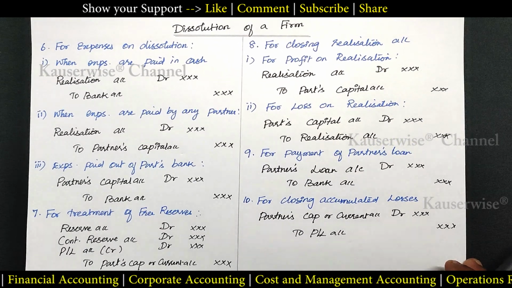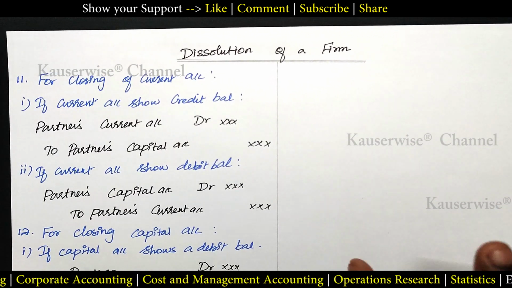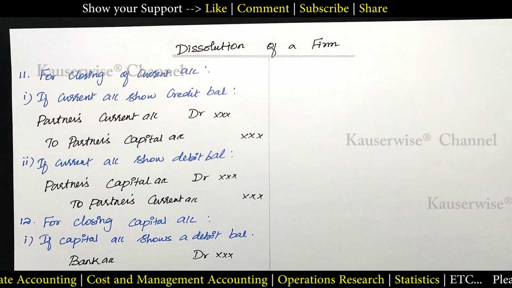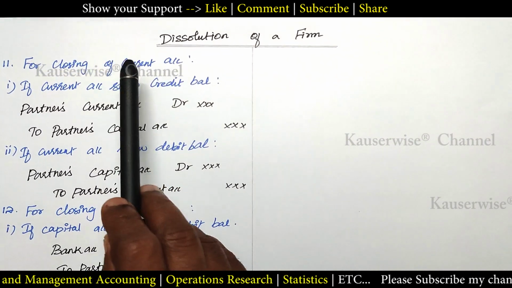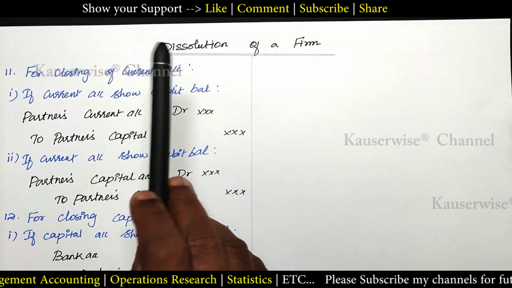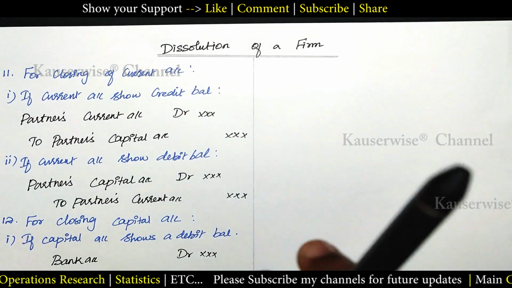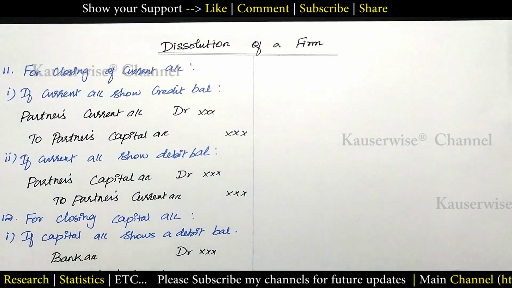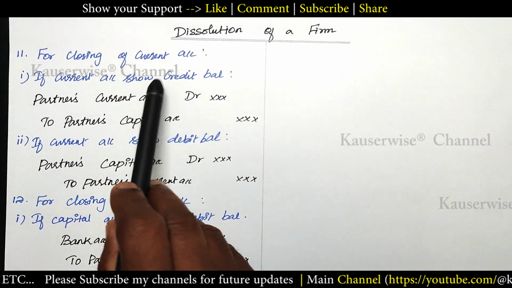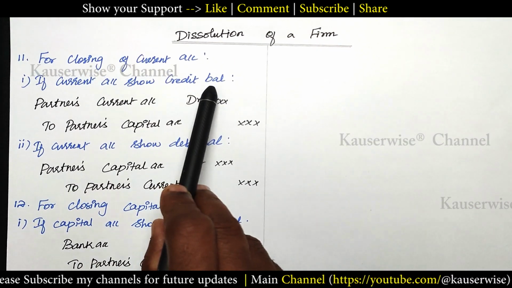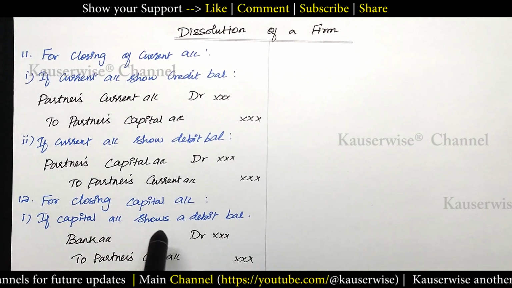The next one, suppose the partners are maintaining current accounts. In that case, after making all the above adjustments, we need to close the current account first. In the current account you will get a balancing figure either on the debit side or credit side. Whatever it is, the balance amount will be transferred to the respective partner's capital account. So entry, if the current account shows a credit balance, it means you will get the balancing figure on the debit side of the current account.